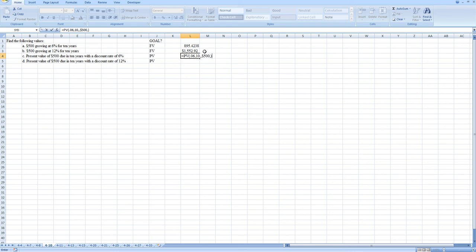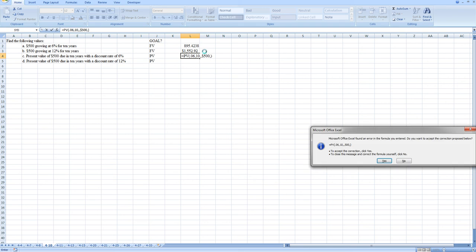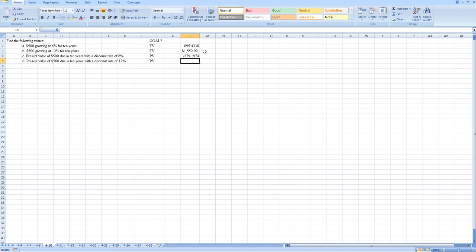And we want to see the present value of 500 due in 10 years when the discount rate is 6%. We see that there is a present value of $279.19.